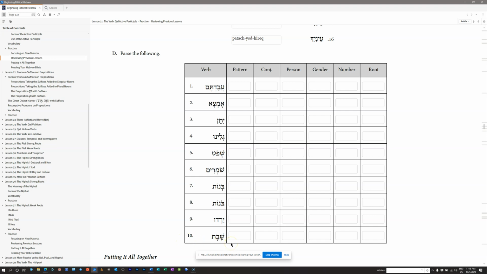Number 10, excuse me, we've got shevet. Again, we've got the segol tav pattern that is indicative either of an infinitive construct of a one yod vav, which is what this is, yashav, or it's indicative of a feminine singular Qal active participle, but in that case we would still have our R1 letter, which we do not have here.